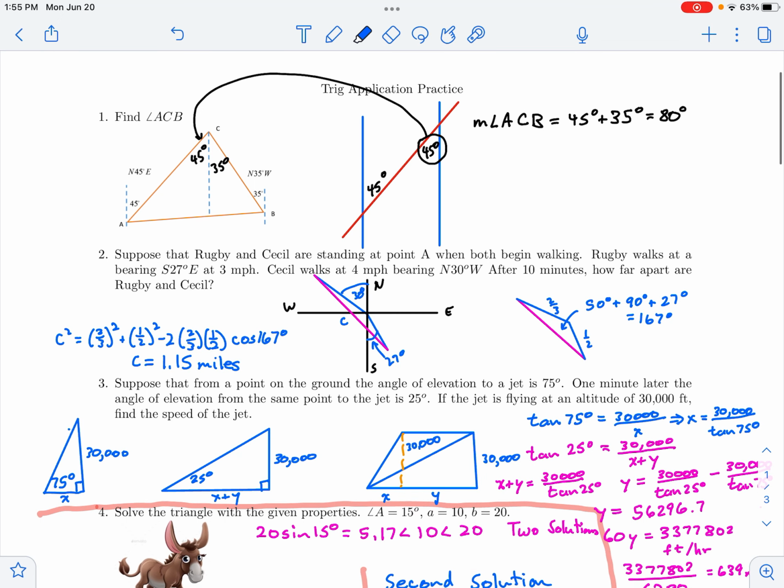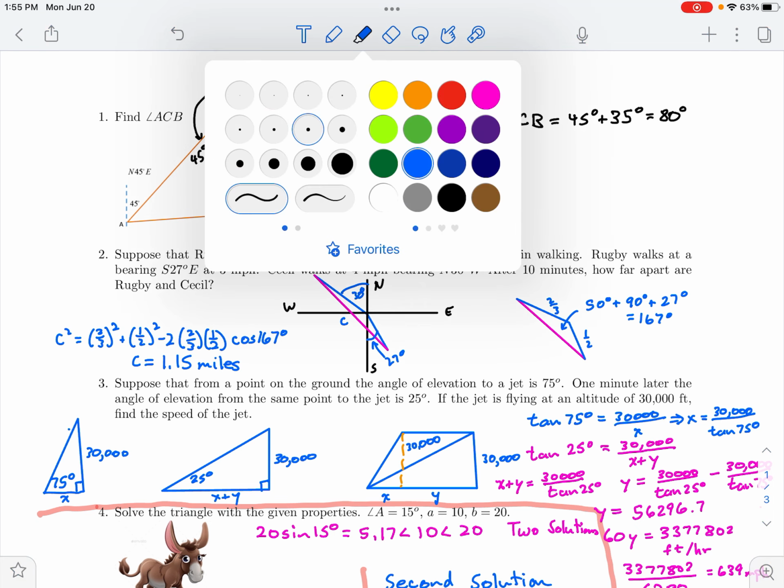Now this other one, I've drawn it out here, and could be I made some computational errors. I don't think so, but this is the way it's going to look. We have that Rugby walks at a bearing of south 27 degrees east. So this is him over here.